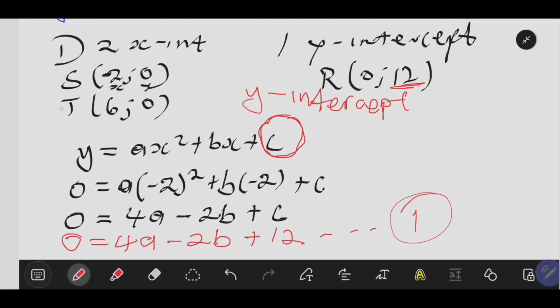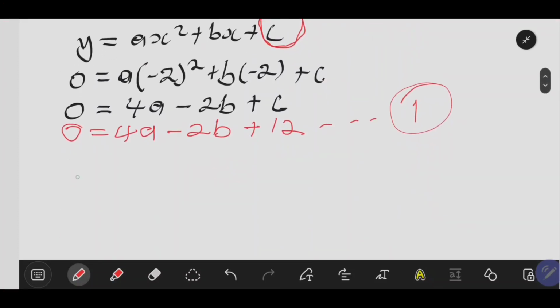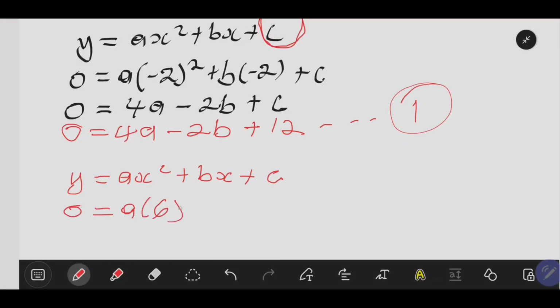And then now we're going to substitute the second set of coordinates into the very same equation. All right. Then we're having y is equals to ax squared plus bx plus c. Then our y value is 0, which is equals to a into 6 squared plus b into 6 plus our c value.